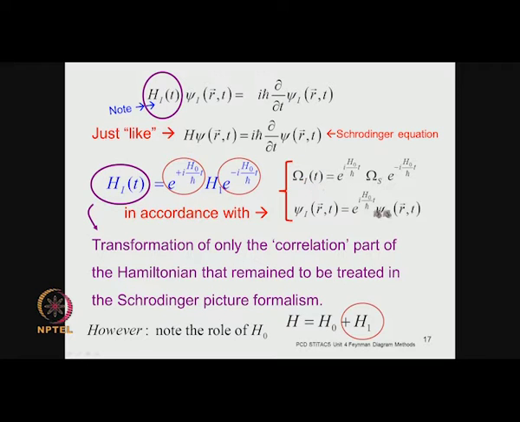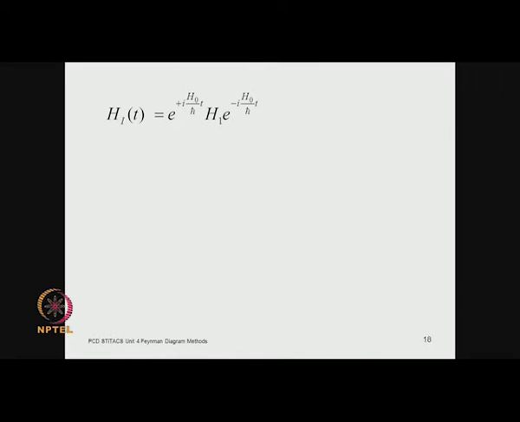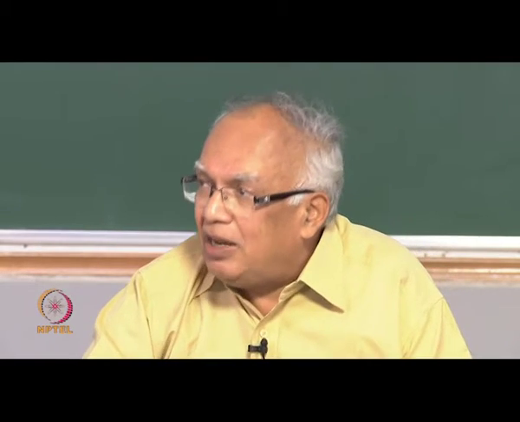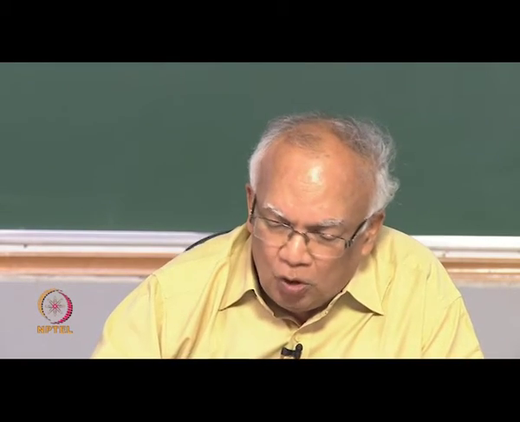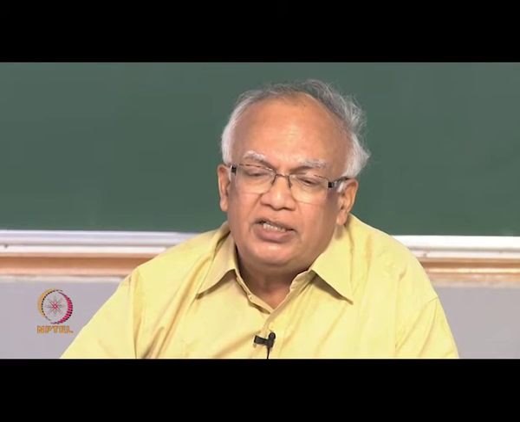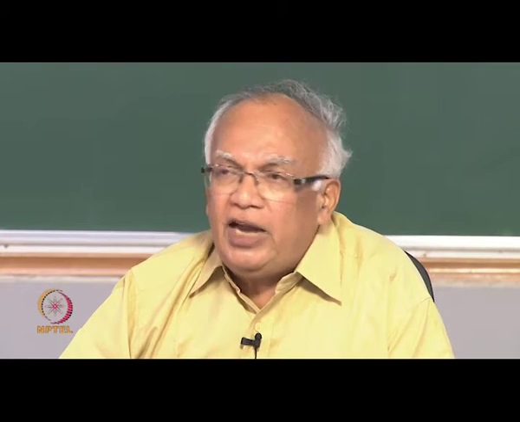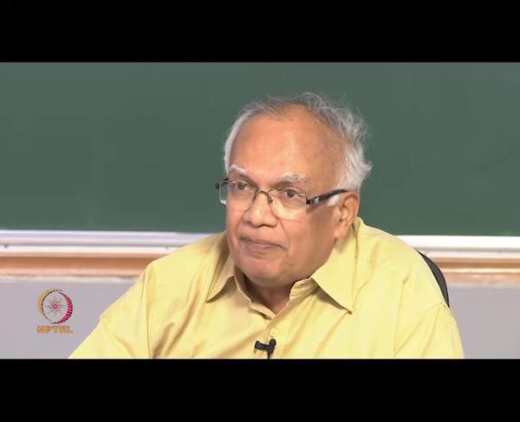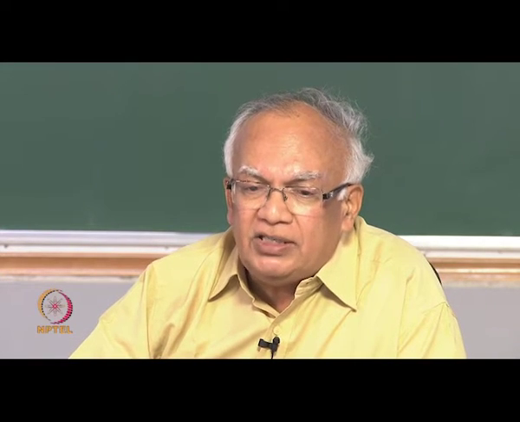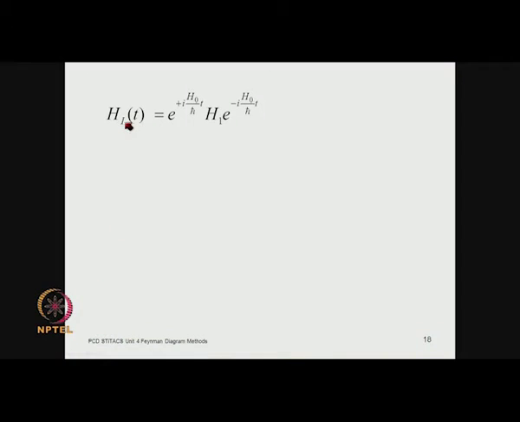Now, when you carry out this transformation on the electron term, and that is where the correlations are coming from, that is where the Coulomb correlations are coming from. The statistical correlations we know how to handle, but the Coulomb correlations have to be handled, and through this transformation this operator H1, which is otherwise independent of time, now becomes time dependent.